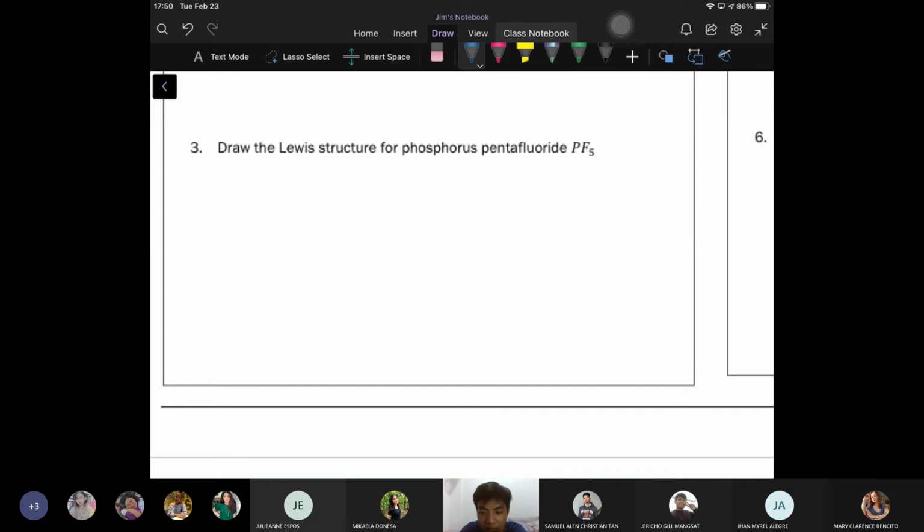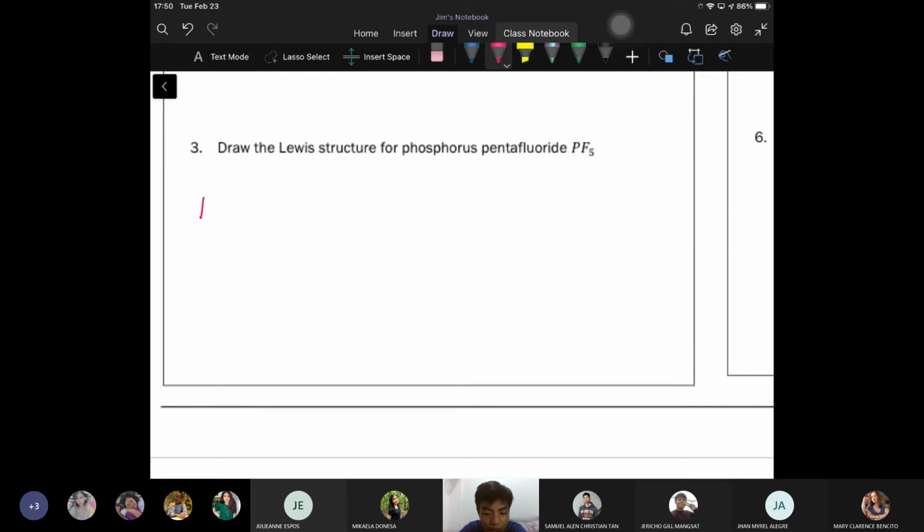And then also, by looking at the subscript of your terminal atom, lagpas yan sa 4. So, most likely, ito ay expanded. Okay? Most likely. So, with that being said, since 5 yan, expanded yan.